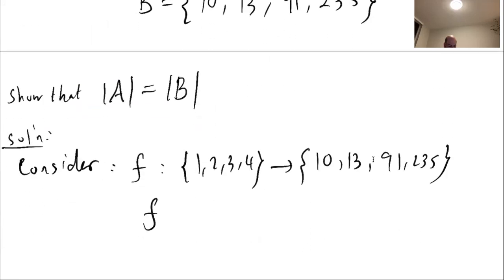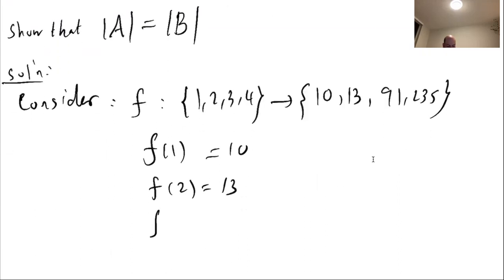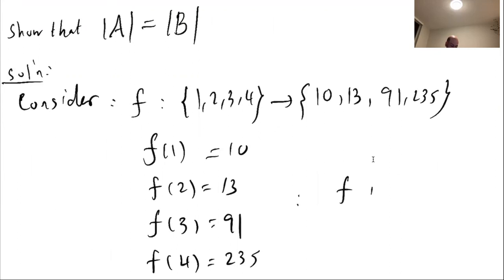F of 1 equals 10. F of 2 we define as 13. F of 3 we define as 91. F of 4 is 235. Then this F is one-to-one and onto, and hence a bijection.